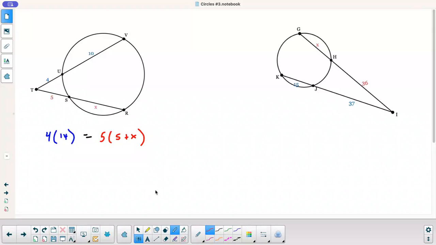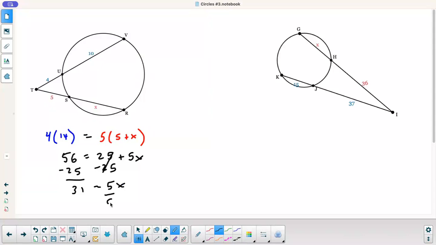So this will be 56 equals 25 plus 5x when I distribute. I get 31 equals 5x. Divide by 5. And I'll just leave it like that. 31 over 5 equals x.